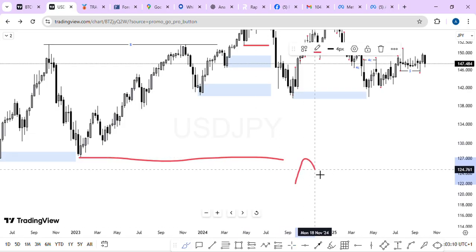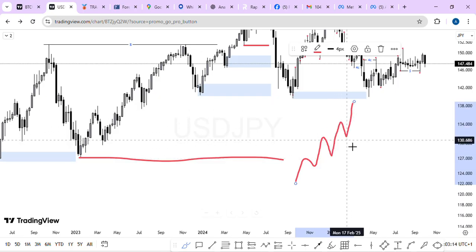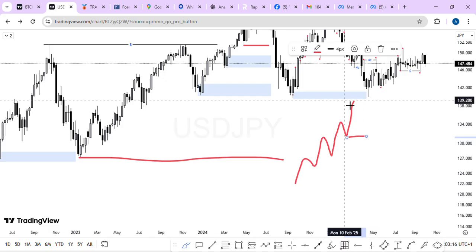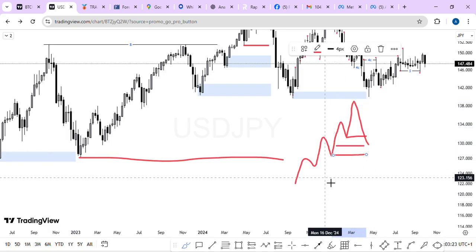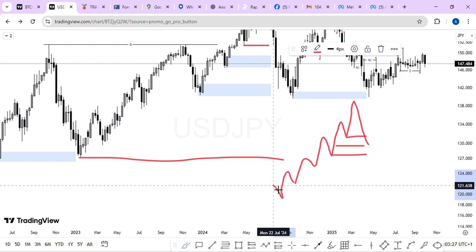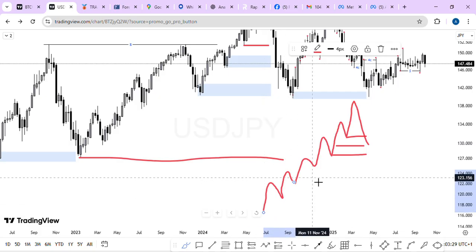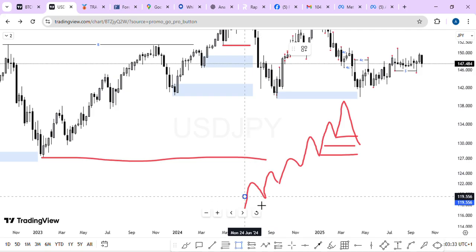Let's say you are having a structure that is doing this, and you mark this as your what? As your inducement. You mark this as your decisional POI. And when you now come here, you see that the market has mitigated this one.